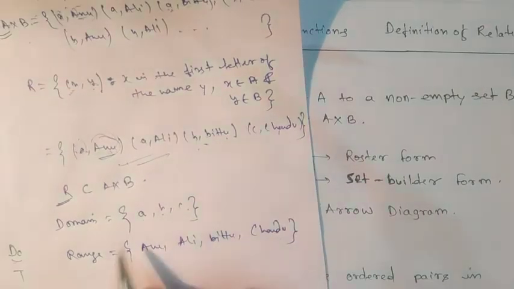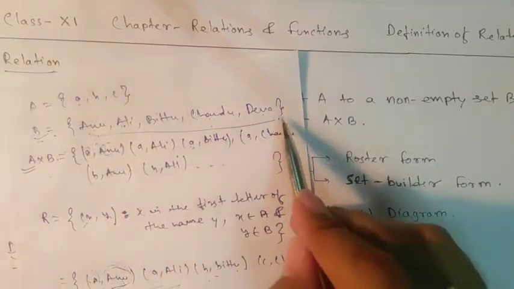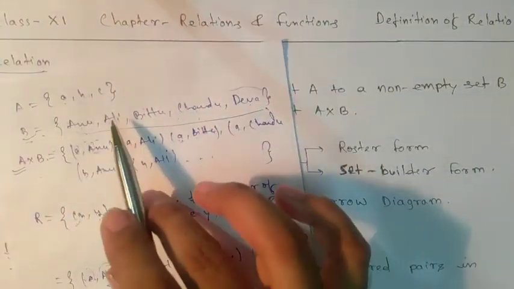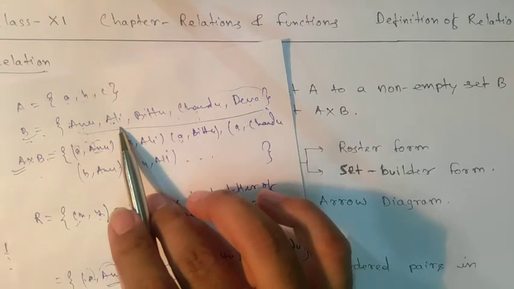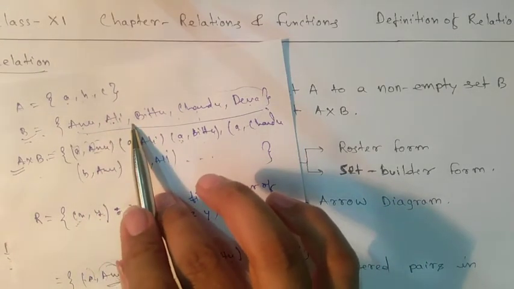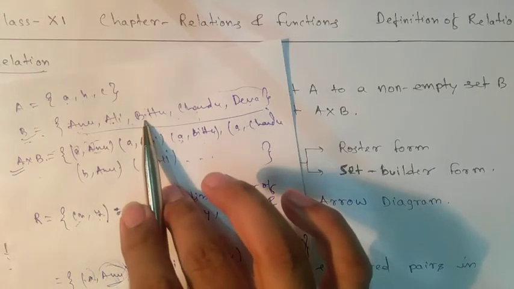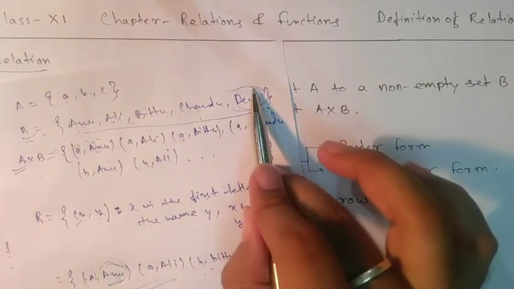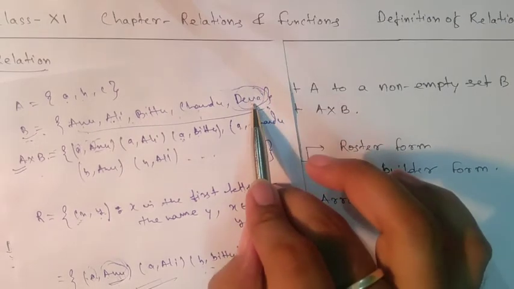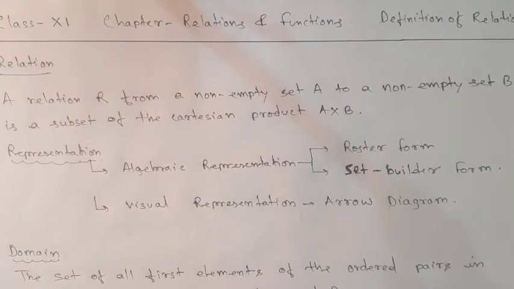If we go with the B set total, we have a name for the B set, which we call codomain. In codomain, we may get an extra element, here Deva.